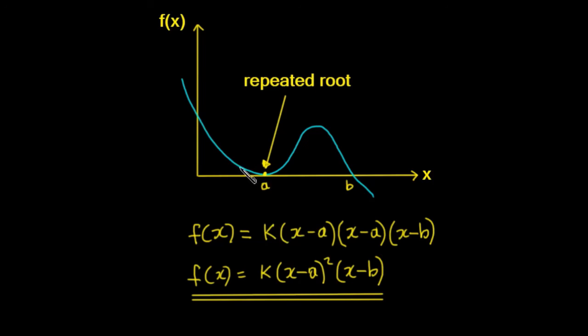Although it only touches at one point, there are in fact two roots here, and this is called a repeated root. So the root a is actually repeated twice. We can rewrite that as f of x equals k times (x minus a) squared times (x minus b).